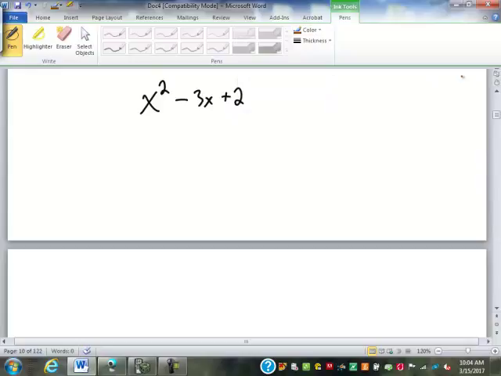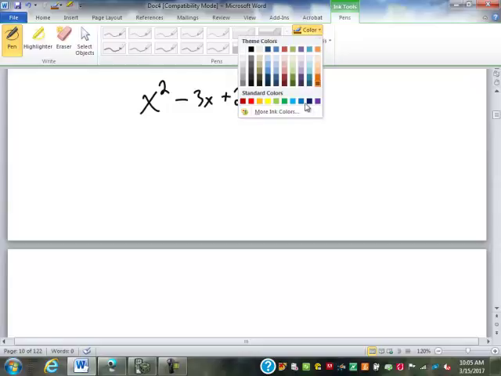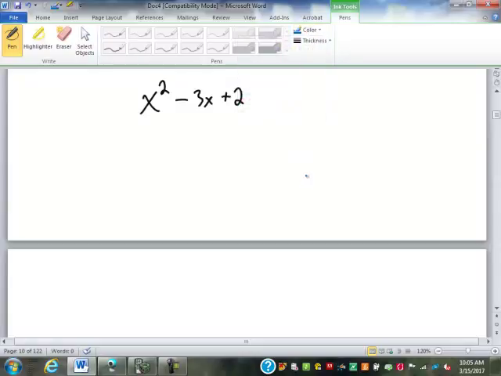Try this one in your notes. This one's actually not too bad. So there are no common factors.